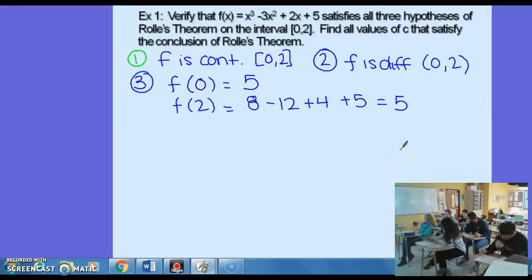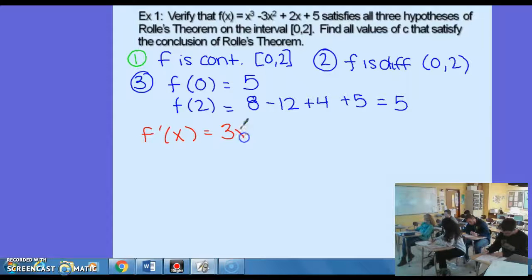So now, what we've proven is that f is continuous, f is differentiable, and f of a equals f of b. That means that there exists a number c that is a critical point between a and b. So there's a critical point between 0 and 2 on this function where f prime of c will equal 0. So what we need to do is find f prime of x.